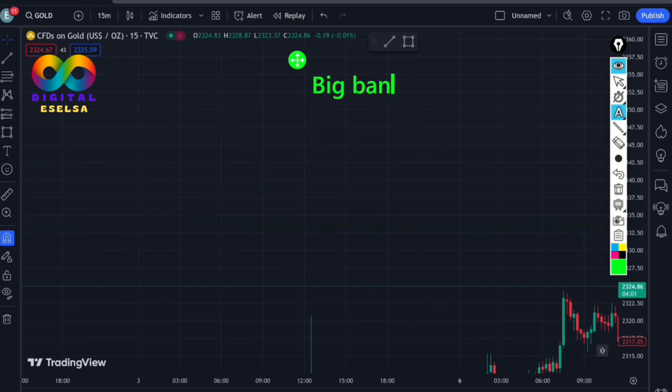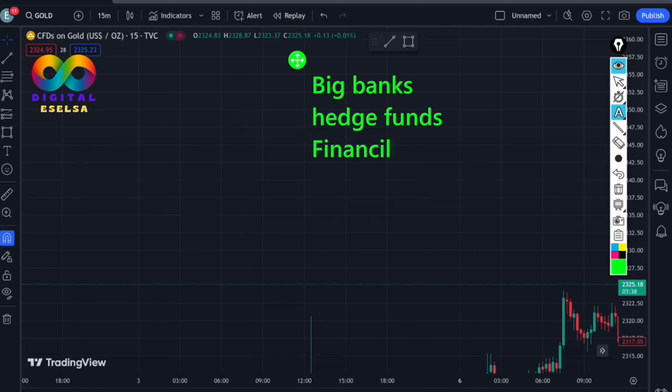You have the big banks that understand all these things. These big banks are companies that bring money together to be able to trade the forex market. We have financial institutions, big financial institutions. These guys are the big boys, the big players, in this forex industry.